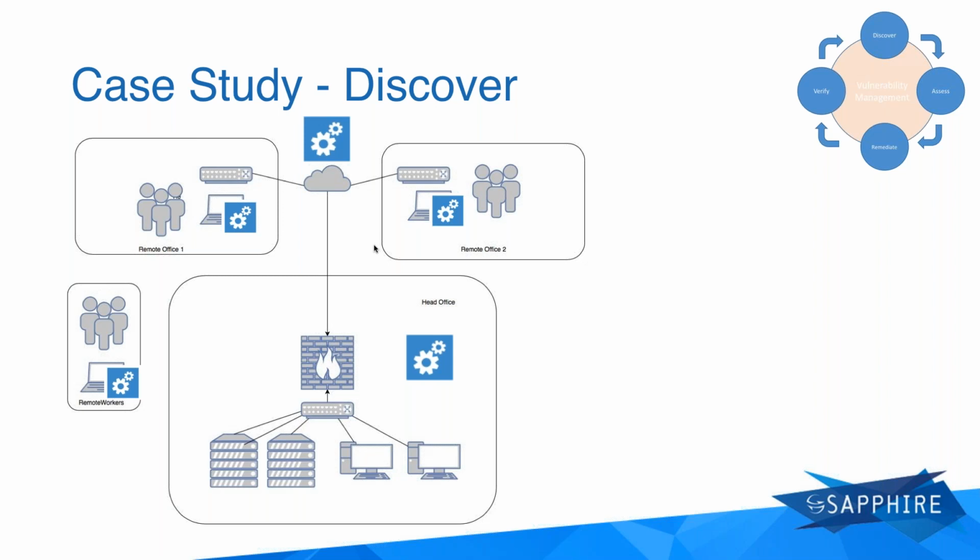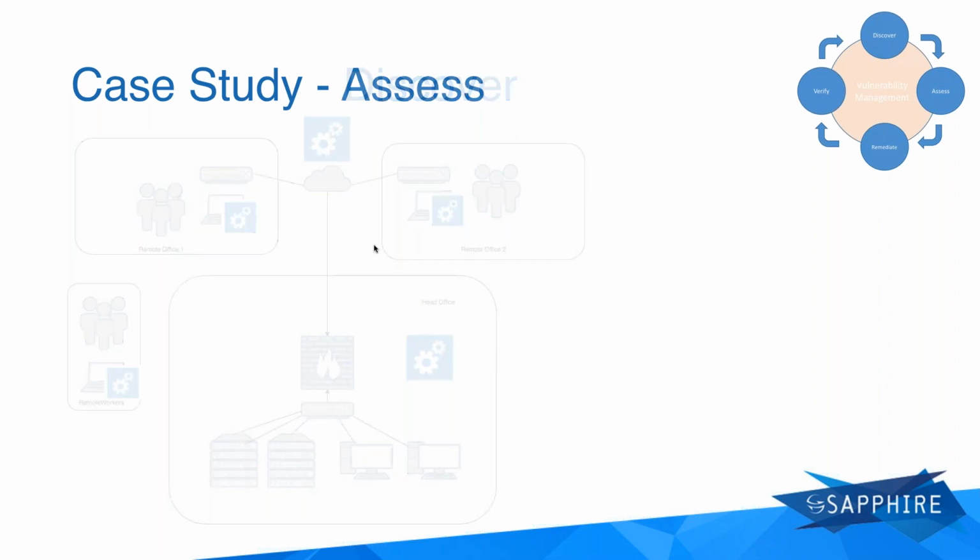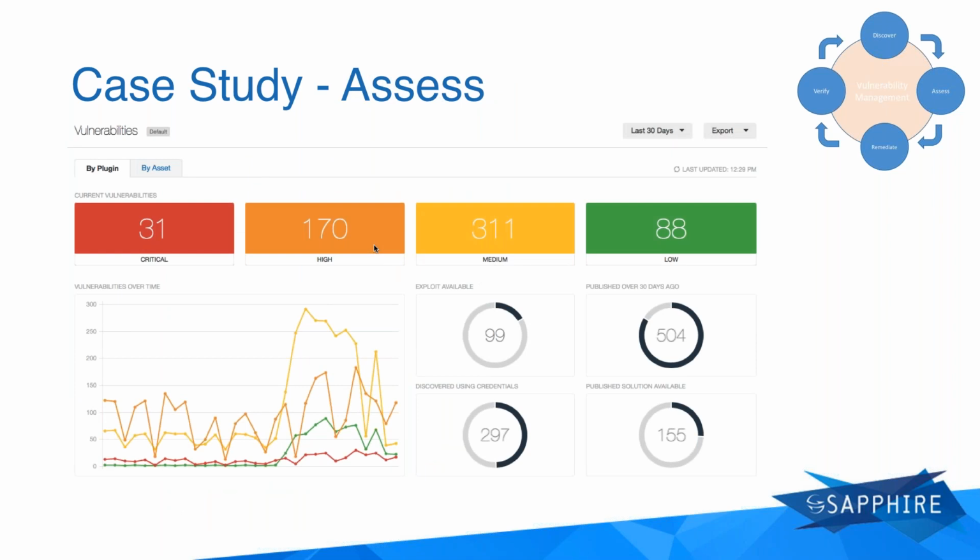So once we've done the discovery part of the vulnerability management program, we can now assess this. We now have those vulnerabilities feeding back to a single pane of glass where we can consume that data. And we have options within this tool to be able to consume this data in various ways that helps us assess where we are with our vulnerabilities. So, for example, we can consume this data by vulnerability.